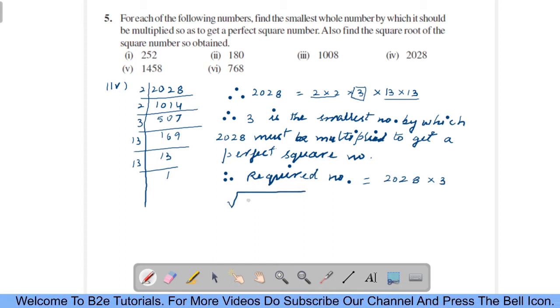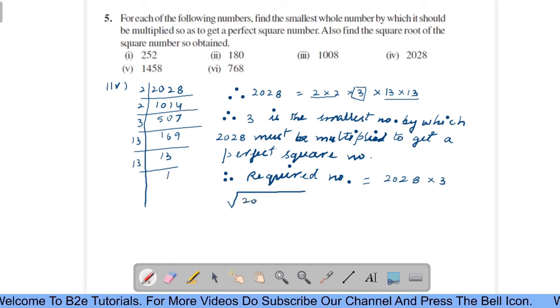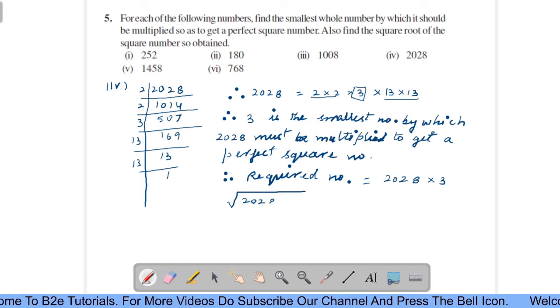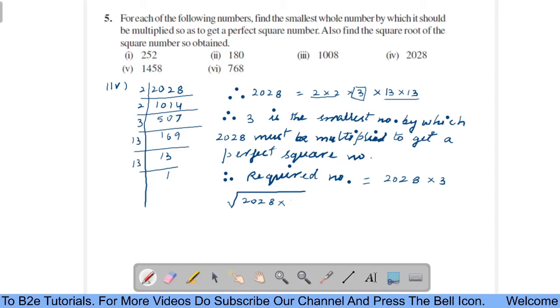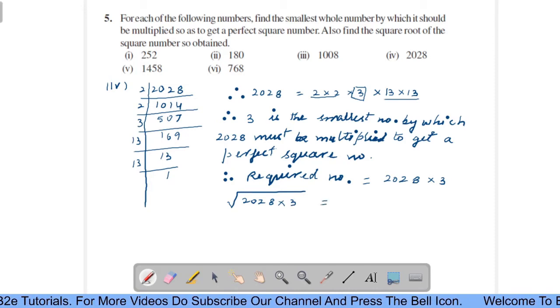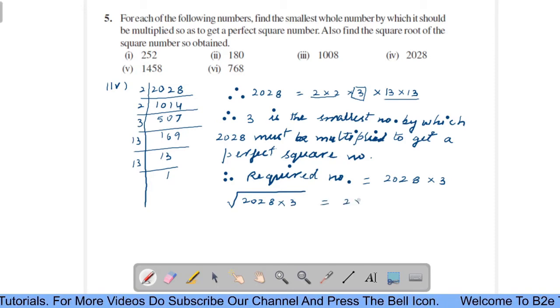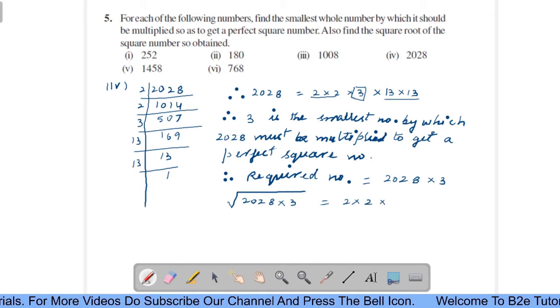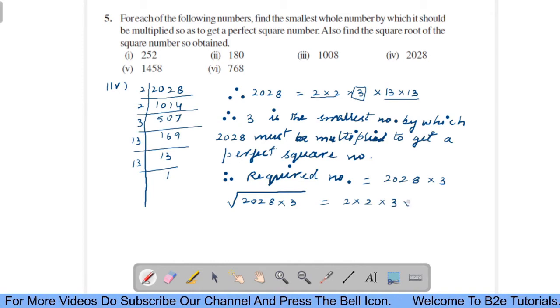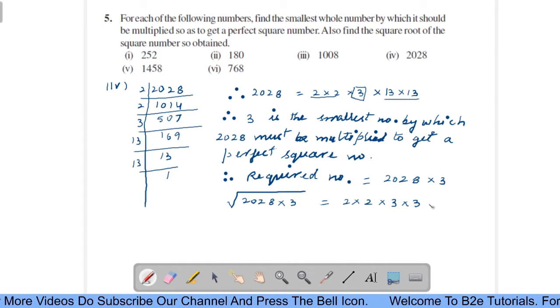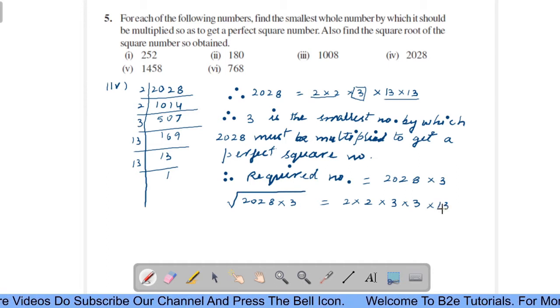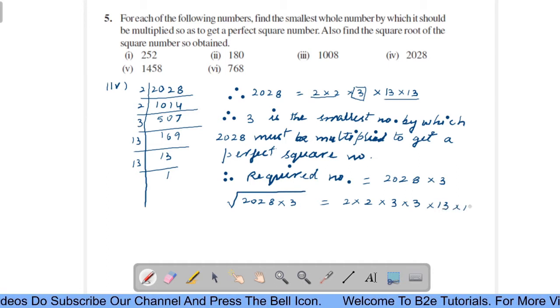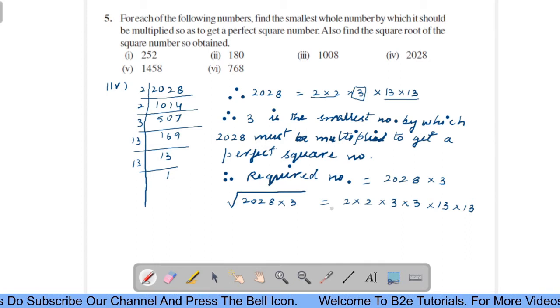Let us find out the square root of this number. The square root of 2028 into 3, this can be written as 2 into 2 into 3 into 3 into 13 into 13, and take a square root of this.